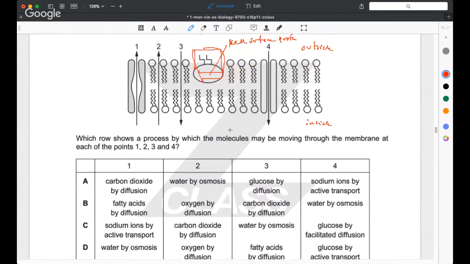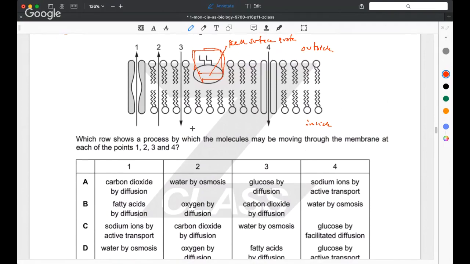And so you know that if there's respiration occurring inside the cell, you have a high concentration of carbon dioxide inside the cell, and then carbon dioxide would need to move out through diffusion. So number 2 then is, you see carbon dioxide is moving out through diffusion.